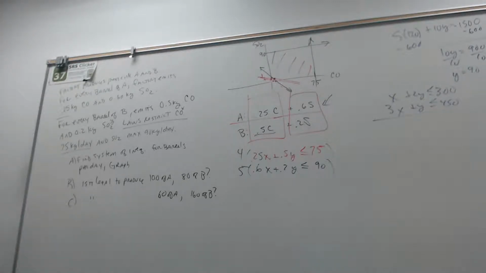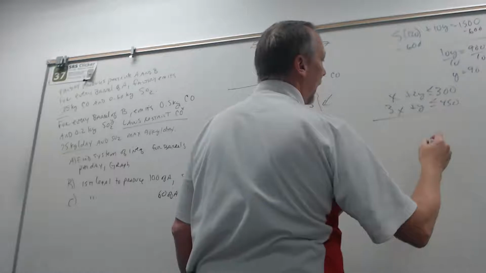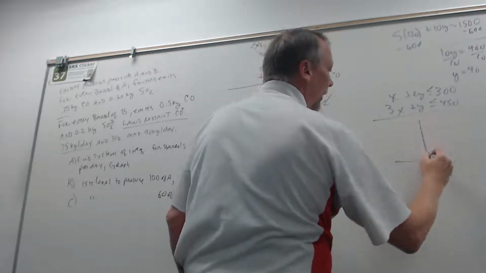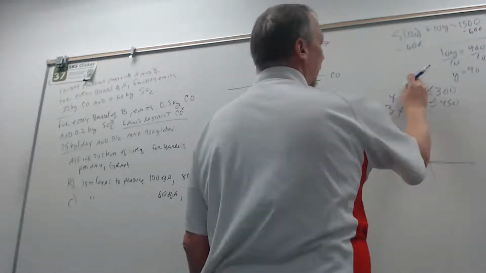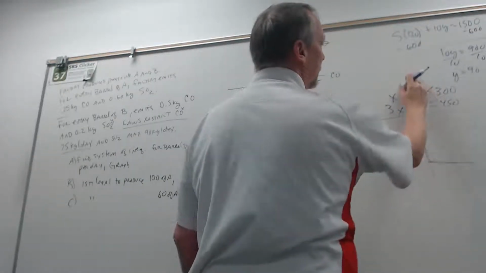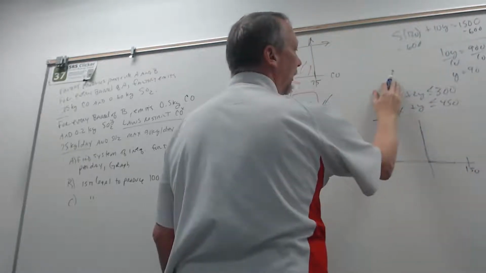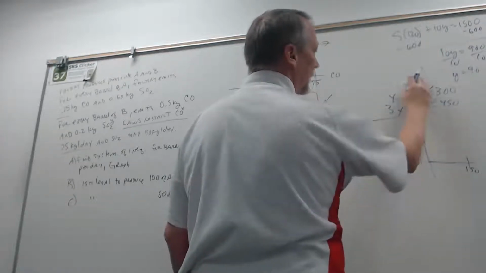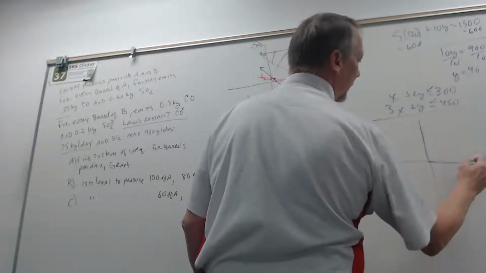So let's redraw our graph now. This is the wrong graph. Okay, so the idea here is we're going to emit stuff here. If y is 0, x is 150. If x is 0, this is 300.